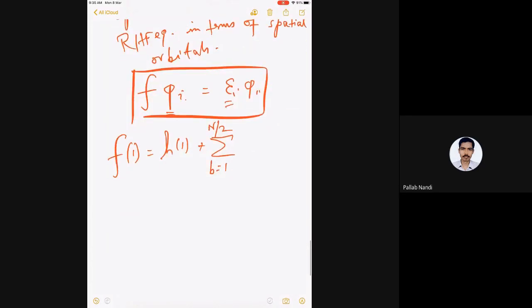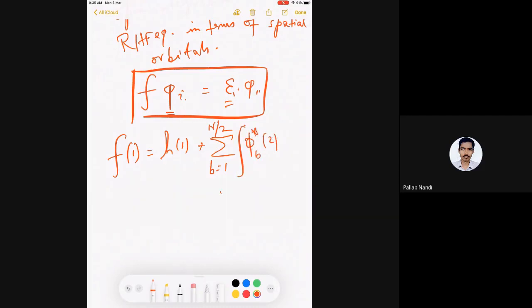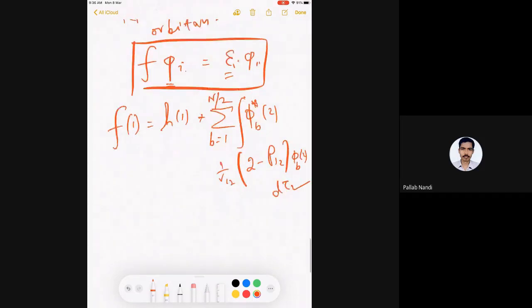Otherwise, it is identical. And then I write in the same manner phi b star 2, 1 by r12. But the difference is that the Coulomb term is multiplied by a factor 2. The exchange remains as it is. So phi b star 2, 1 by r12, 2 minus P12, phi b 2 d tau.